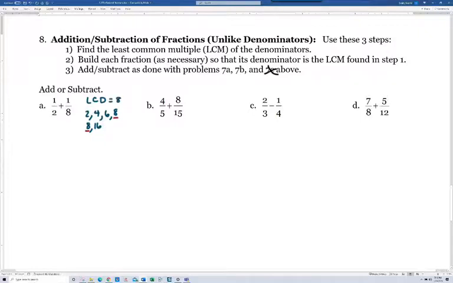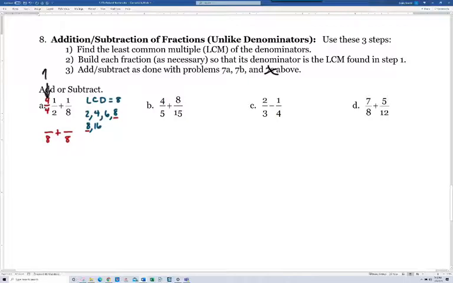And so I'm going to rewrite the fractions so that they both have 8 in the denominator. Well, one of them already has that, but let's go ahead and do the 1/2 first here. I need the 2, which is in my denominator, to become an 8. So I'm going to have to multiply by 4. That means I need to multiply the numerator by 4 in order to make it legal.